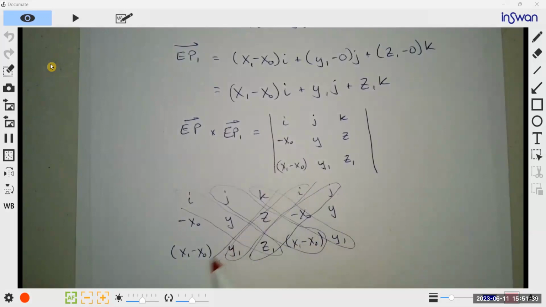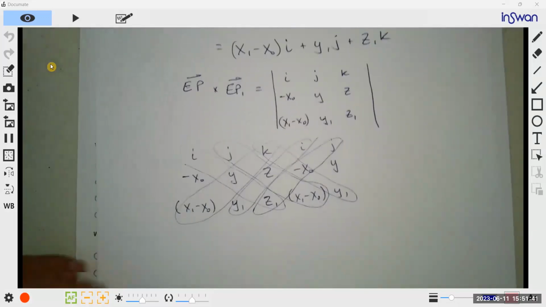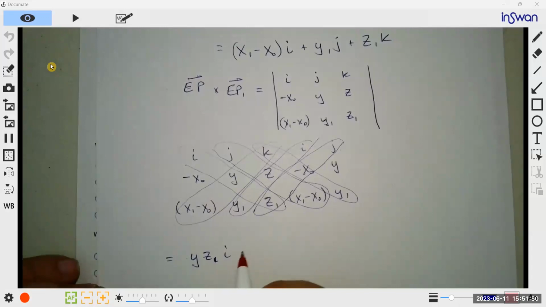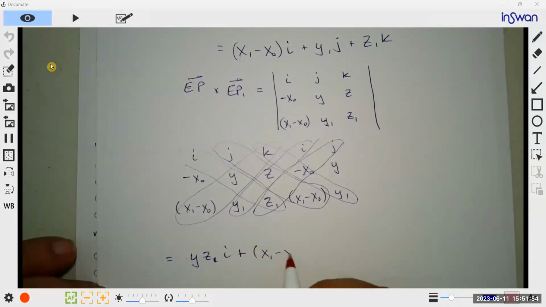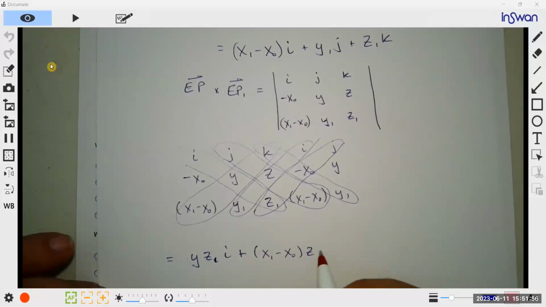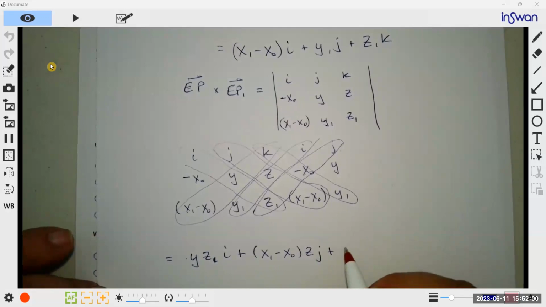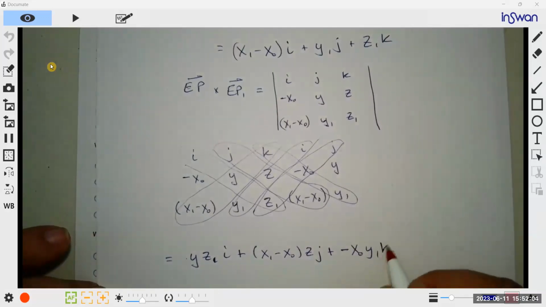Let's do the cross product. That gives us (y z1) i, (x1 minus x0) z j, negative x0 y1 k.